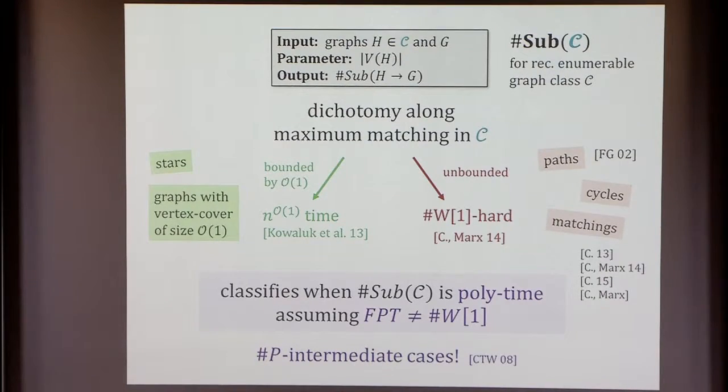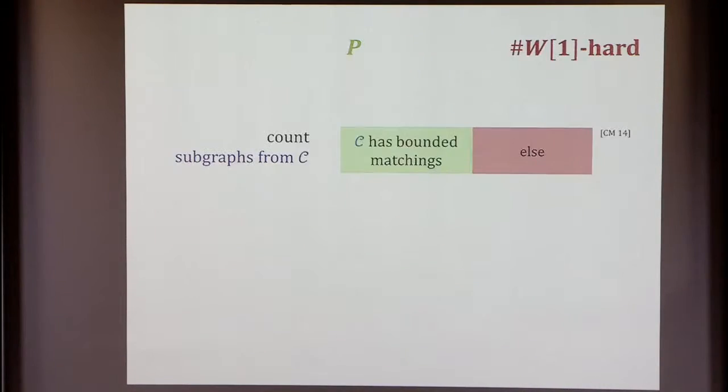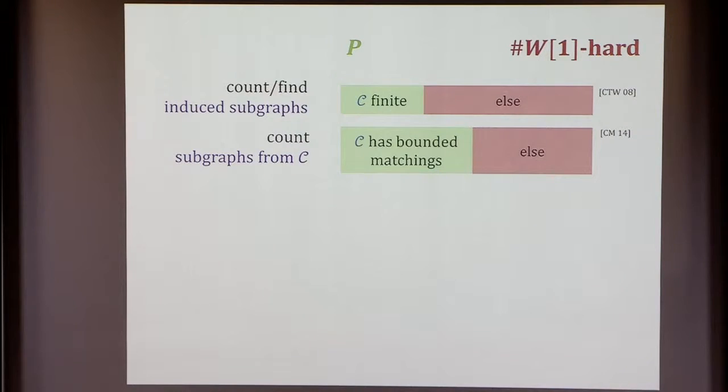Okay. So that's our dichotomy for counting subgraphs. There are similar dichotomies, so let me just write this one in this particular format here. So if we want to count subgraphs, then bounded matchings makes it easy, and otherwise it's hard. If you want to count induced subgraphs, the situation is much worse for tractability.